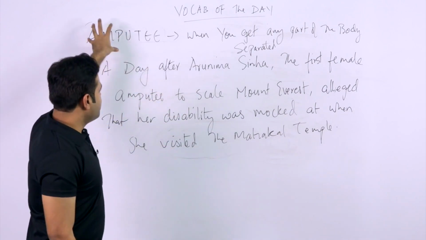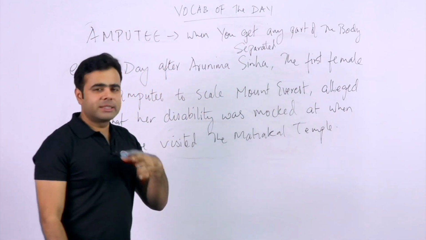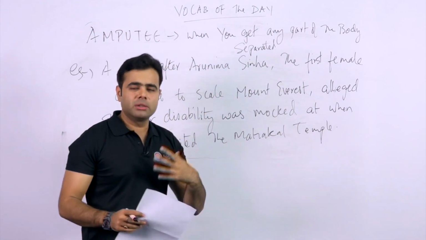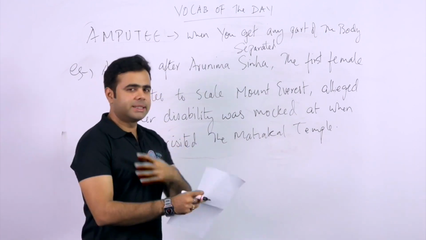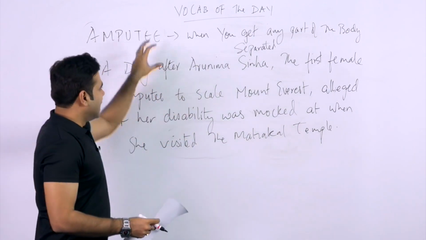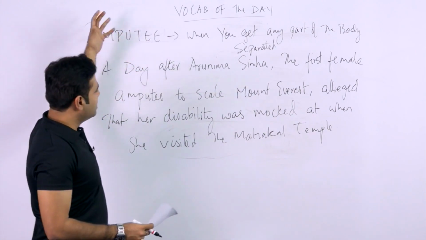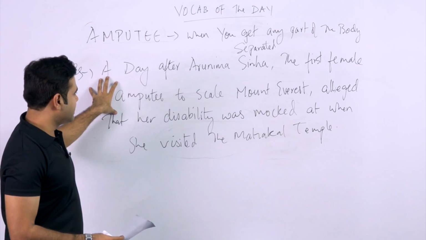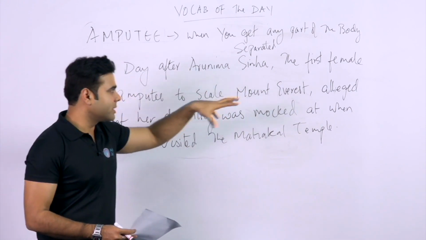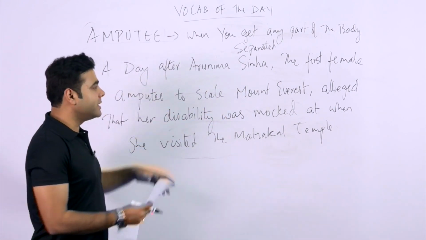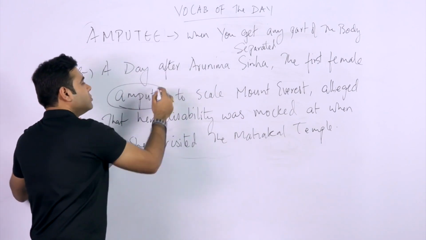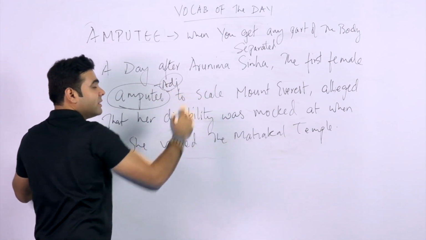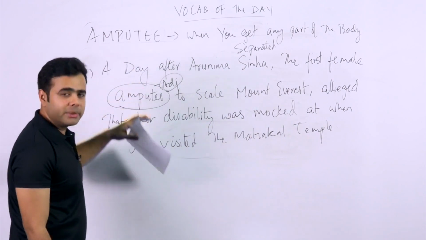The meaning of the word amputee is when any part or organ of your body gets separated from your body, this particular word can be used. In the sentence, a day after Arunima Sinha, the first female amputee, they have used it as an adjective, but you can use it as a verb even.